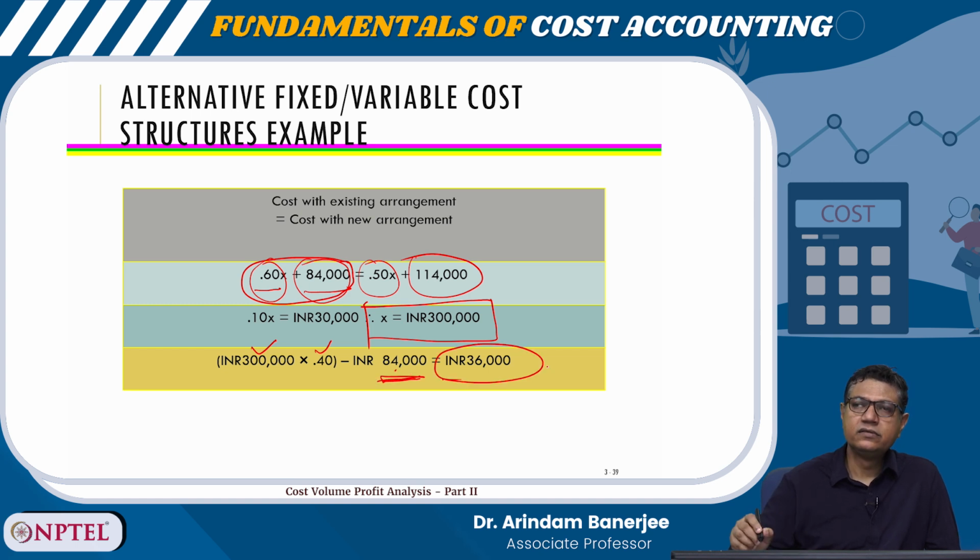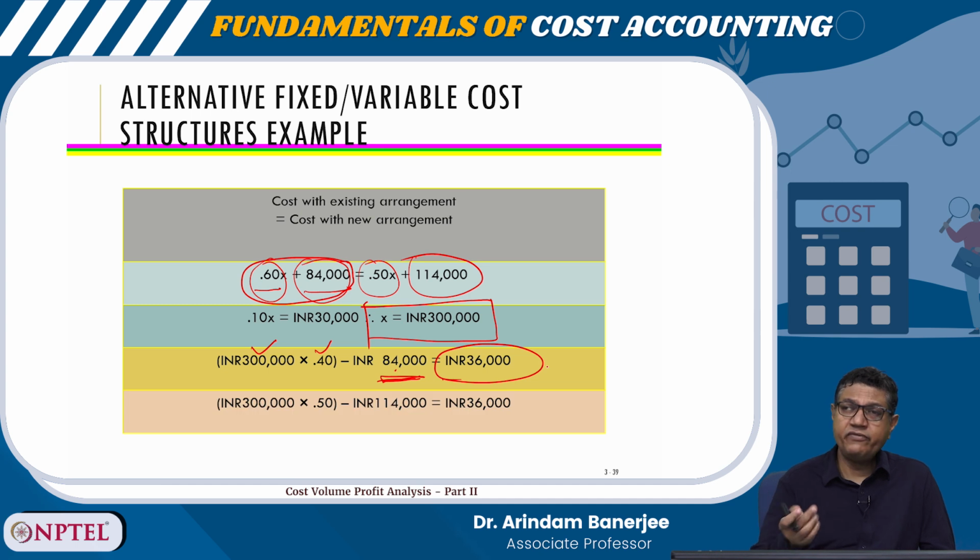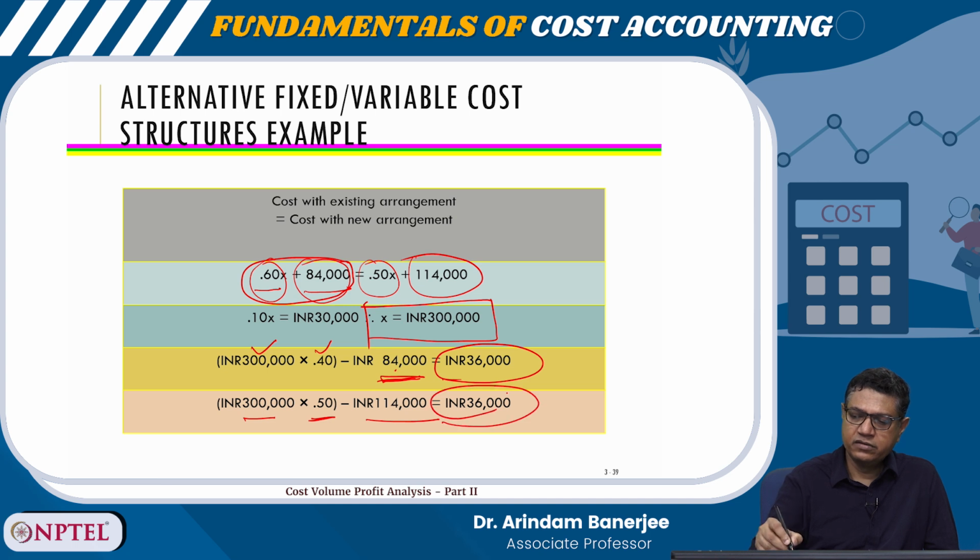So, I am getting the operating income. And if I follow the new arrangement, 3 lakh into 0.5, which is the new contribution margin, minus the new fixed cost 1,14,000, it is the same, right. The operating income is the same in both cases, that is 36,000.